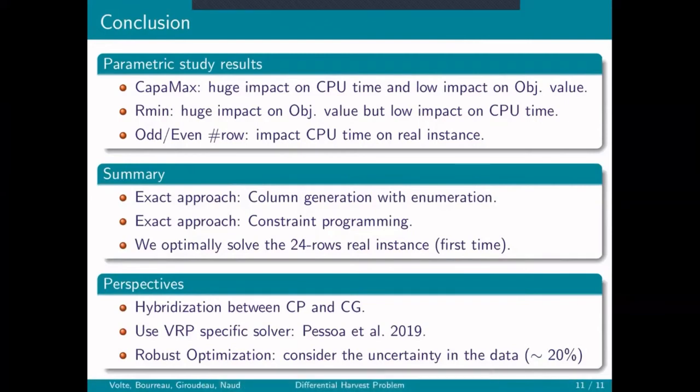And we also want to consider the uncertainty in the data, and that's why we also investigate robust optimization, because there is almost 20% of variation on the estimation of the data. So thank you for your attention.